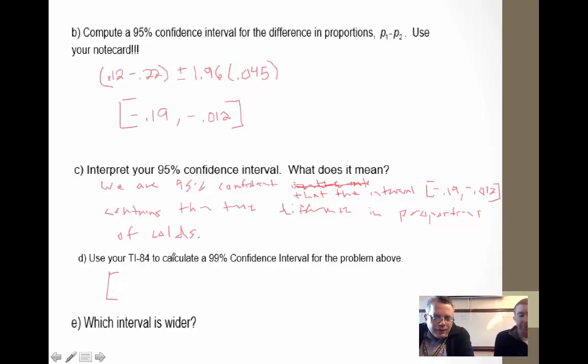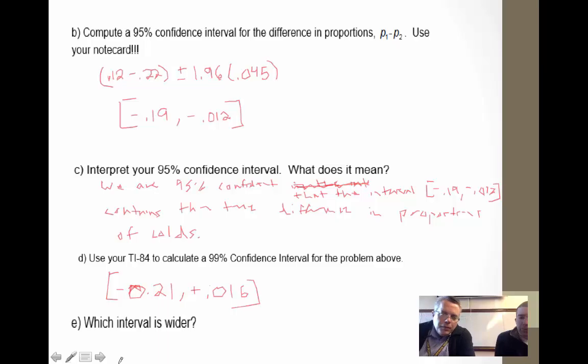All right, from negative 0.21 to positive 0.016.